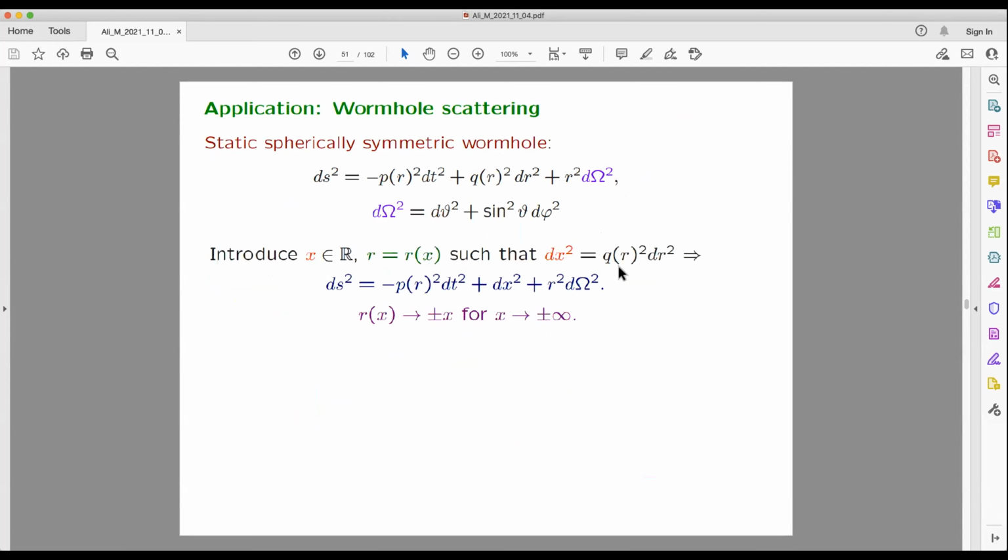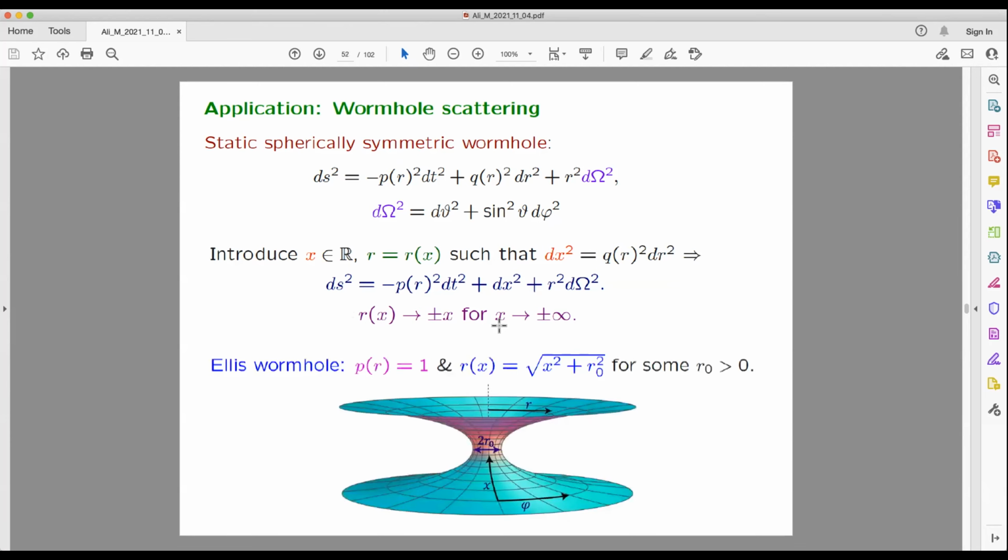We introduce a global coordinate x and make R a function of x in such a way that this Q squared dR squared, which appears in the metric, becomes dx squared. And the dependence of R on this x is such that asymptotically R goes to plus or minus x. This x goes from minus infinity to plus infinity.